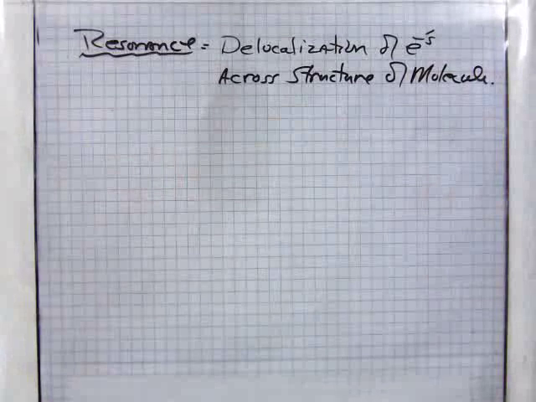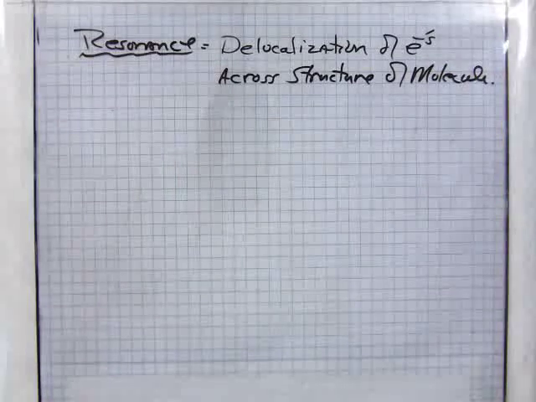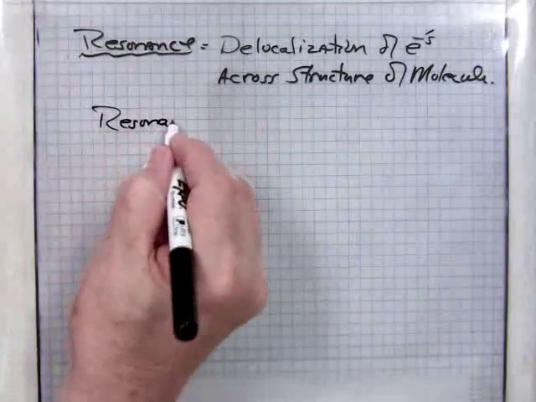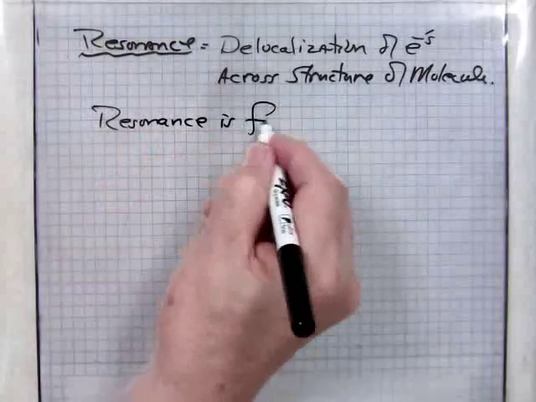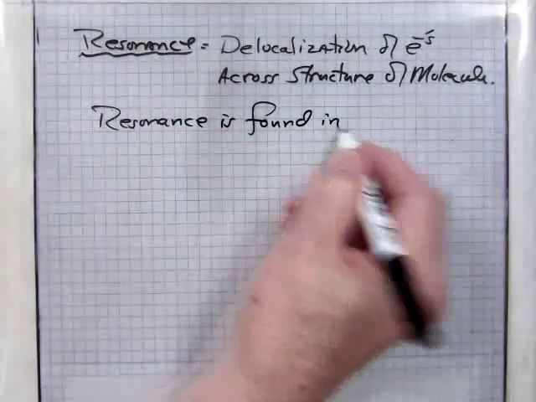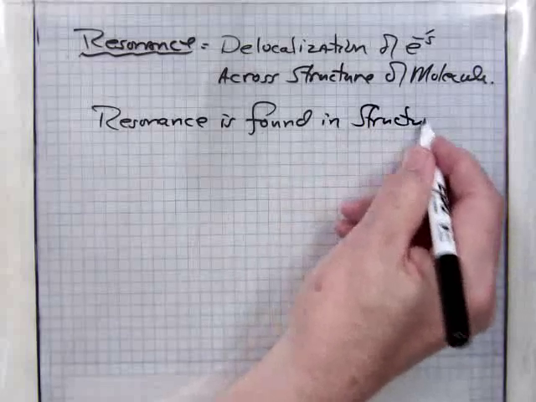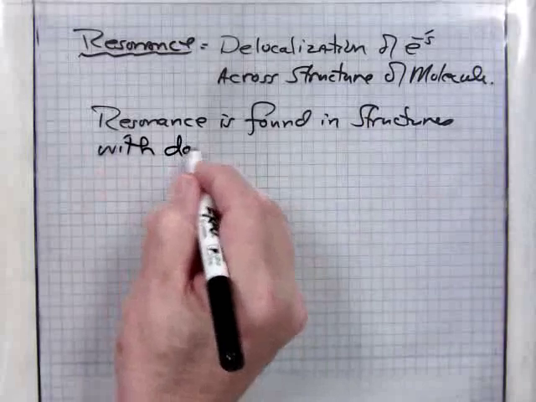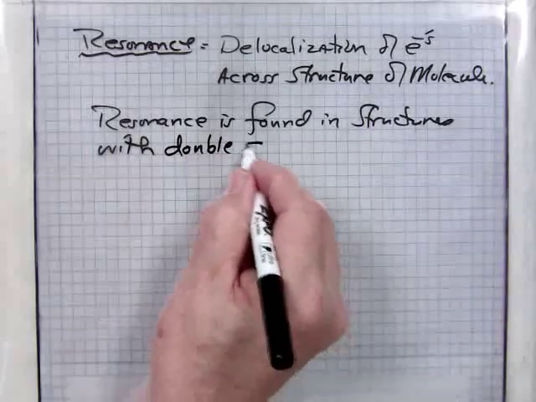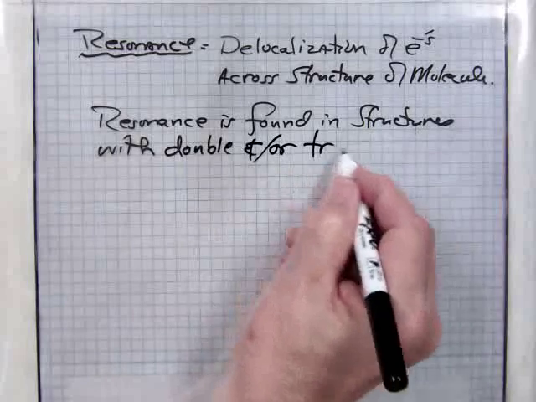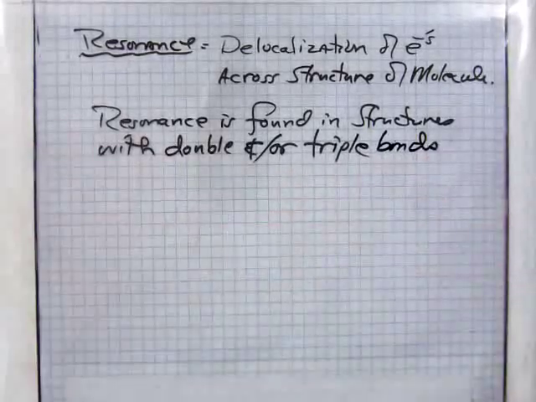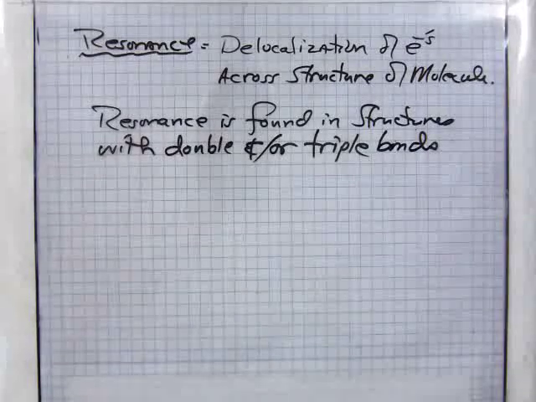You'll find resonance in systems that have multiple bonds only. I can just expand it. Double bonds and/or triple bonds. If everything's single bonds, it's said to be saturated, is what it's called. And you don't have resonance with that.